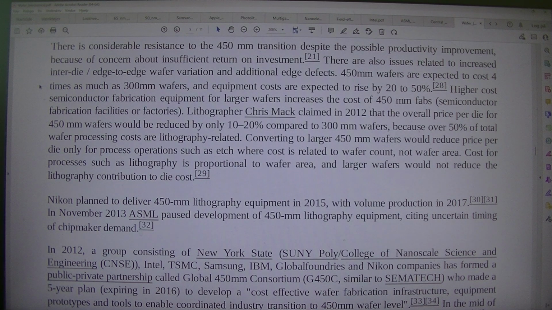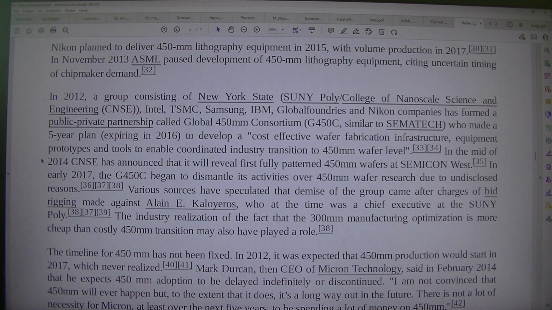Converting to larger 450 mm wafers would reduce price per die only for process operations such as etch, where cost is related to wafer count, not wafer area. Cost for processes such as lithography is proportional to wafer area, and larger wafers would not reduce the lithography contribution to die cost.